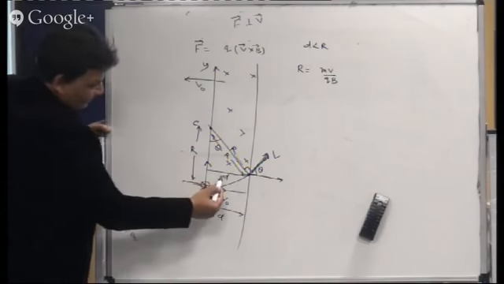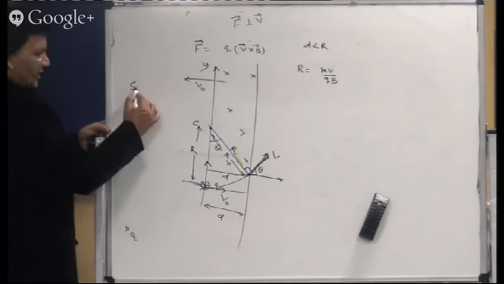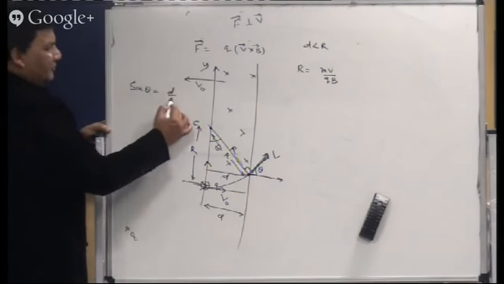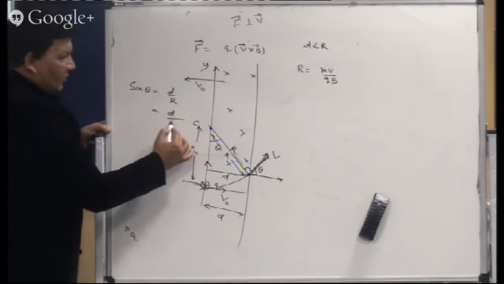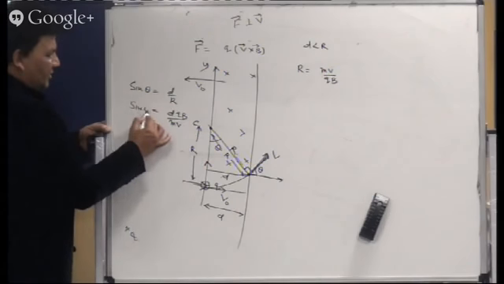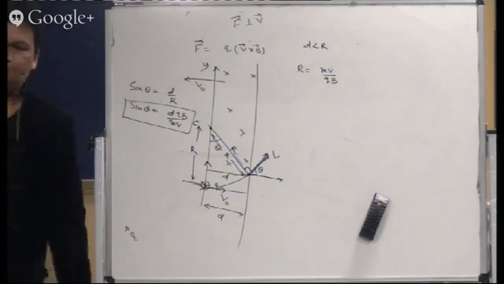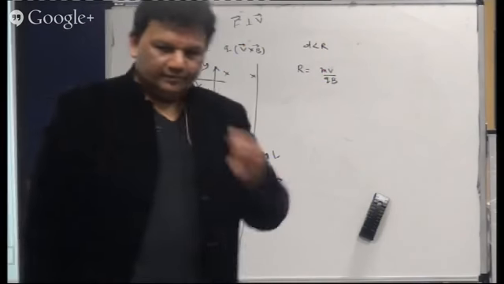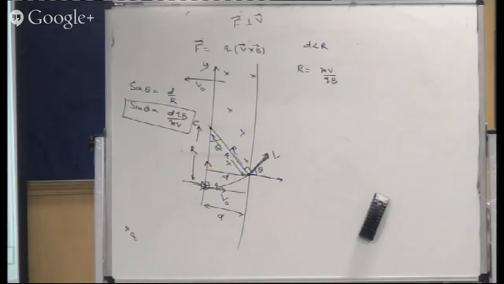Can I say perpendicular upon hypotenuse is what? So what is sine theta equal to? And what is r equal to? That's your answer. Understood? Write this down. Sine theta equals d by r. Understood? Should I repeat it again?